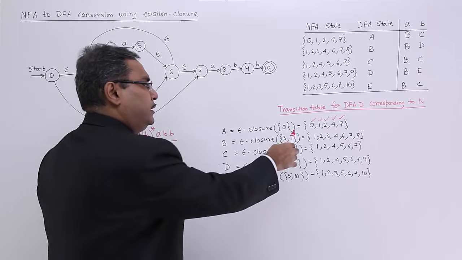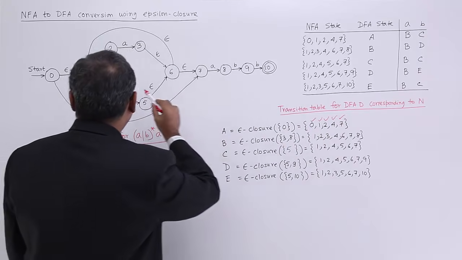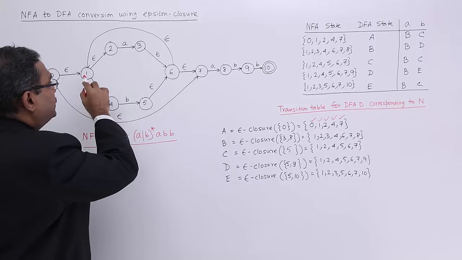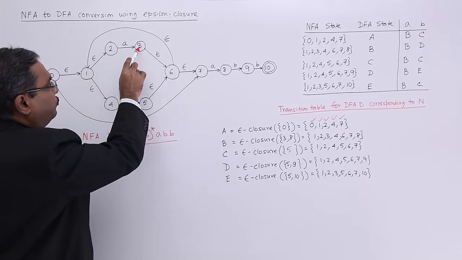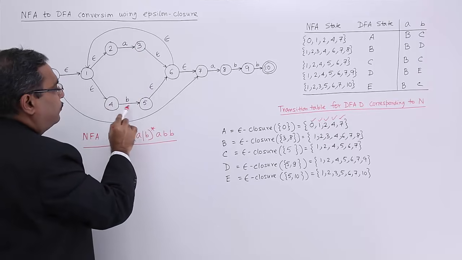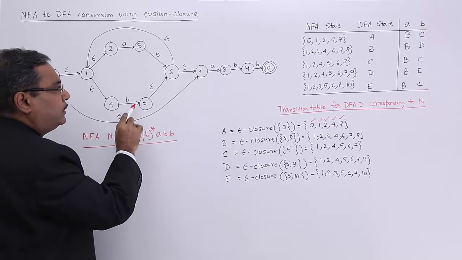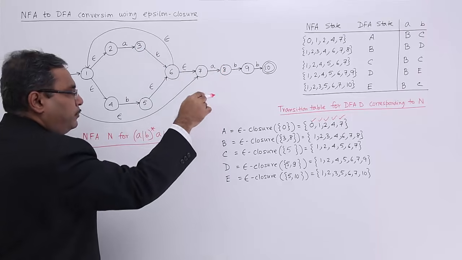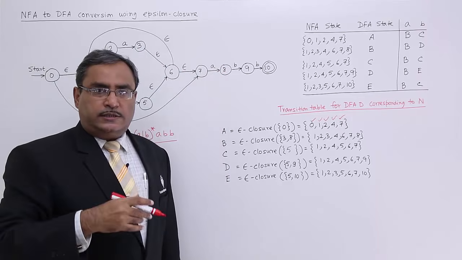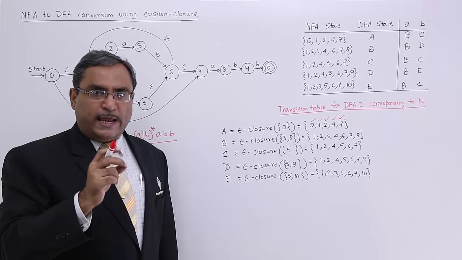Let me check. From 0, no a transition. 1, no transition. 2, I can reach 3. 4, no transition with the a symbol. 7, yes, I can reach 8. So, 3 and 8 will be the next states if I provide the input a.